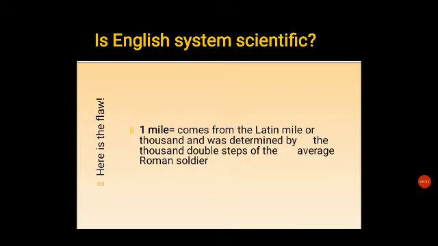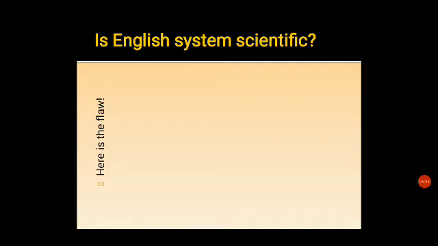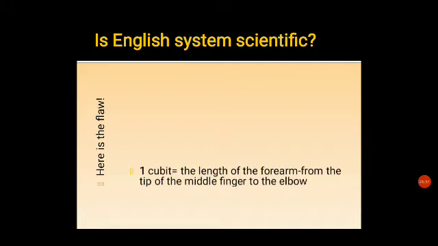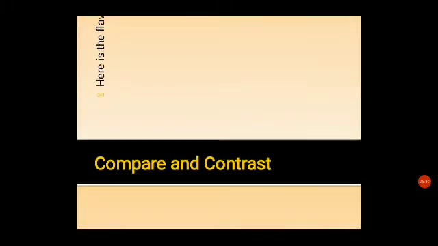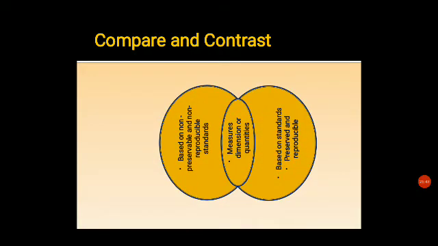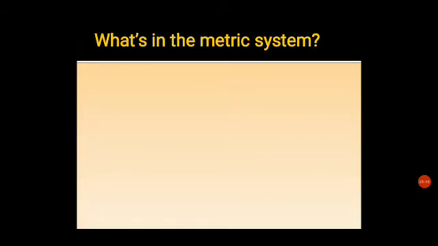Next is the mile, and then the cubit. Those standards are non-reproducible, so you cannot reproduce them. Whereas in the metric system, the standards are reproducible and preserved.